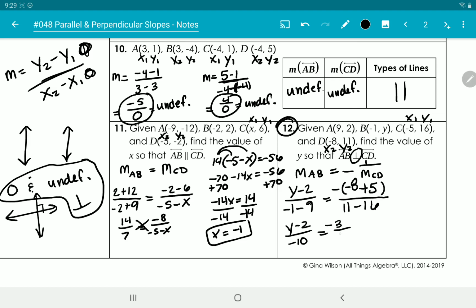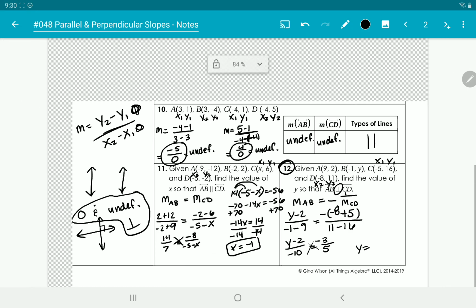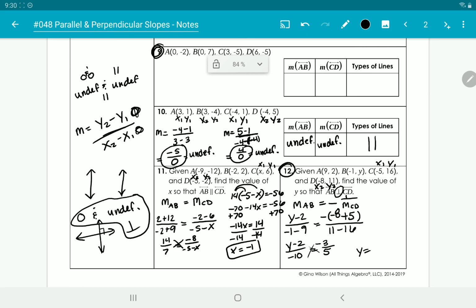So it's negative 3 over 5. Okay, I just want you to go ahead and solve for y. So we are going to solve for y. Go ahead and solve for y any way you know how. You can cross multiply. You can multiply the 10 to the other side and then add 2. Just solve for y. I want you to take the time now to go ahead and solve for y.